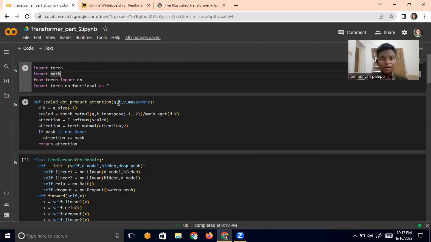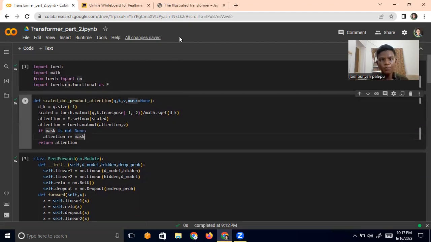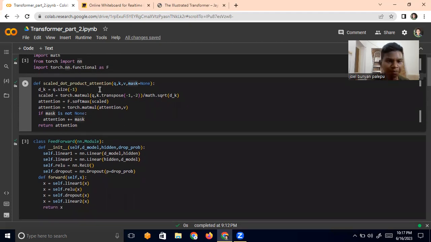We have imported math, I think, to do the square root here. We have imported nn from Torch, used to build neural networks. We're also going to import functional from Torch. Whenever you are using PyTorch, I highly recommend you import these libraries. It will help you, right?